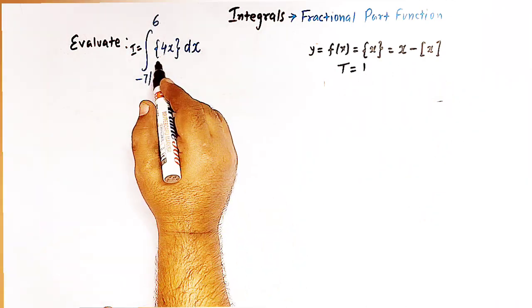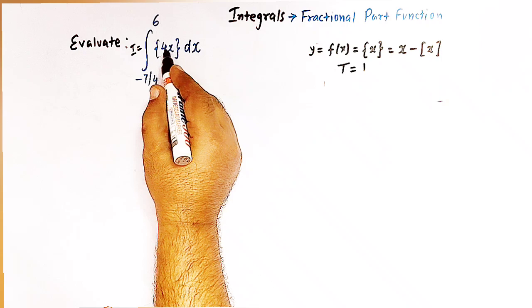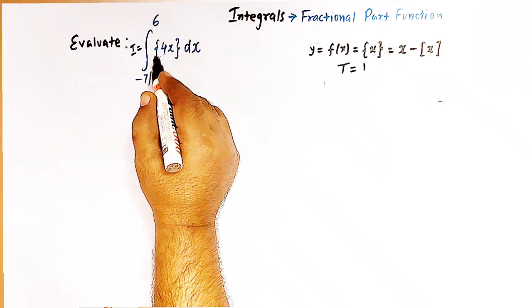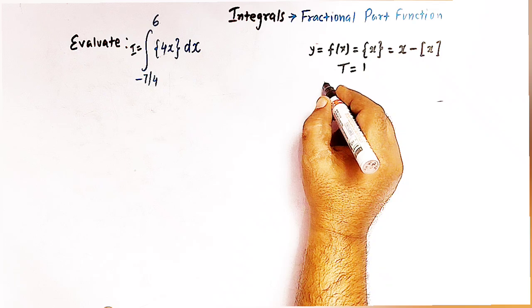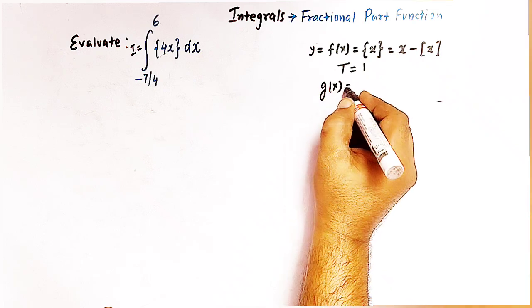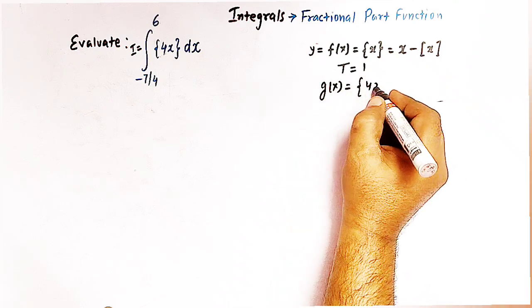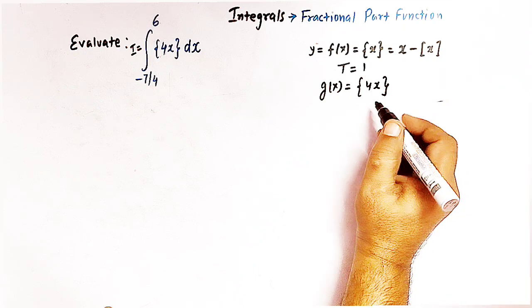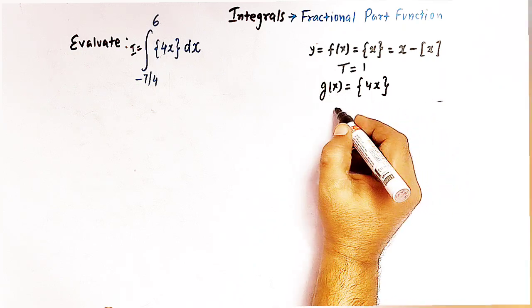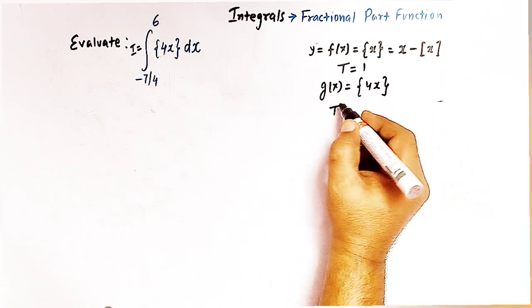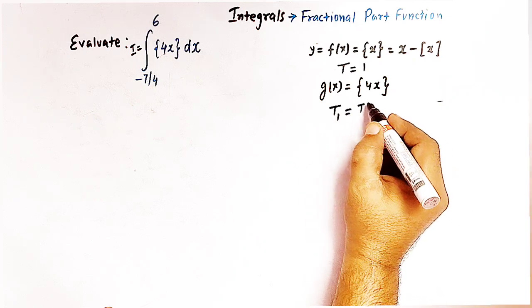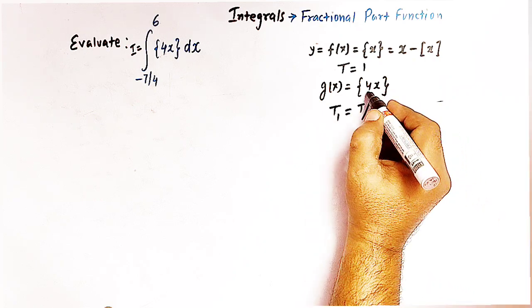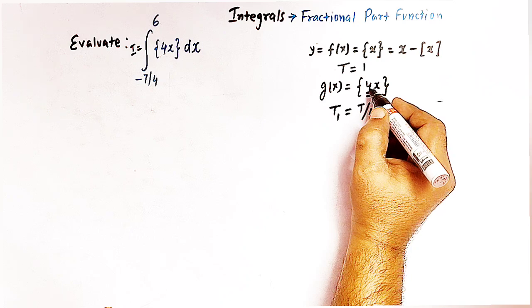Okay, now see here we have this function, that is the fractional part of 4x, right? So if we take this function as g of x, that is the fractional part of 4x, then the period of g of x is given by, say, T1, then T1 is given by T by 4, because here we have the coefficient 4, right?